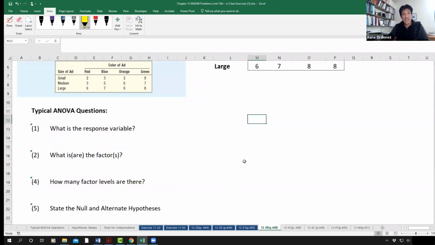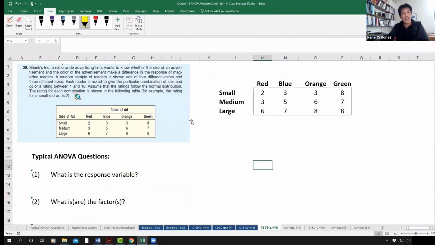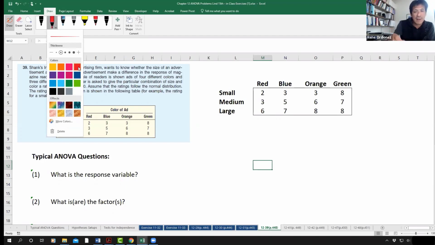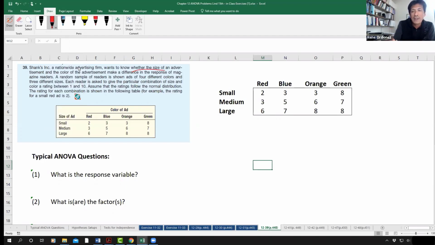So here's the example, 1239. Shanks Incorporated, a nationwide advertising firm, wants to know whether the size of an advertisement is a factor. One of the factors is the size of the advertisement, and the other factor is the color of the advertisement.